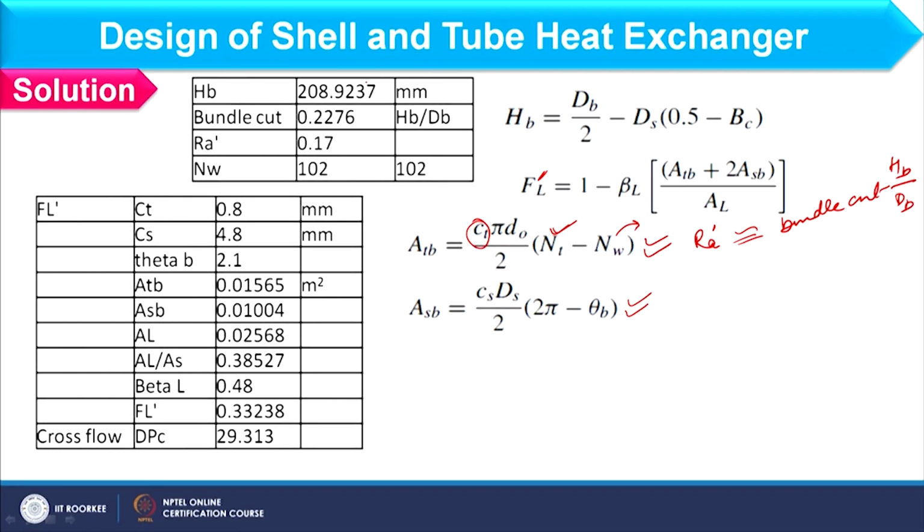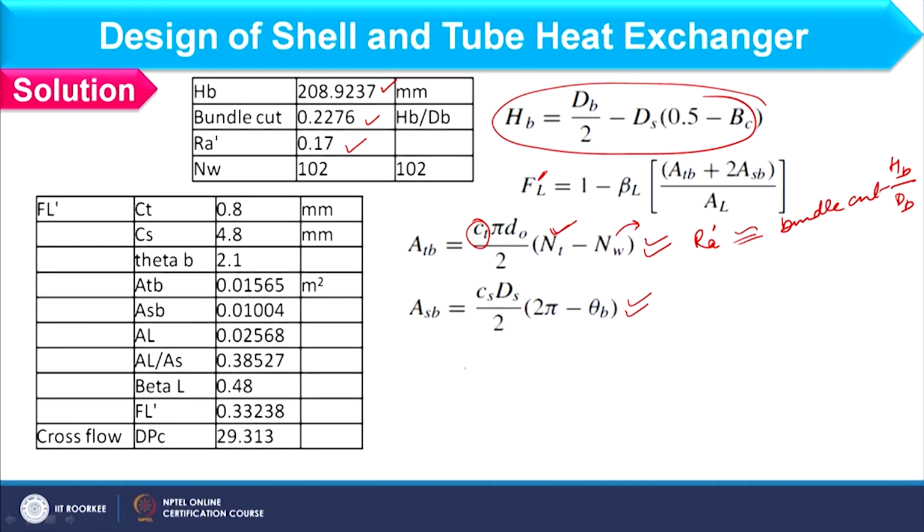So, first of all you have to find out HB using this expression, and the value of HB comes as 208.92. Once you have this value, HB by DB you can consider, which is coming as 0.2276 as bundle cut, and based on that you can find out RA dash value as 0.17.